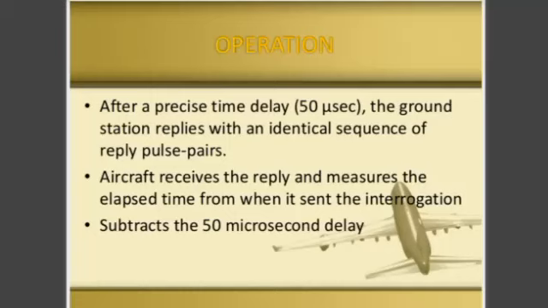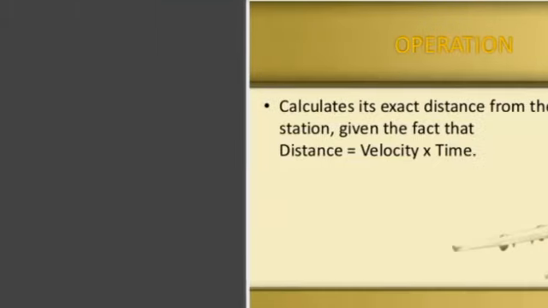So the aircraft can calculate the total time difference between the transmission of the pair of pulses and the reception of the pair of pulses from the ground station. So this total elapsed time consists of the time taken by the pair of pulses to travel from the aircraft to the ground station, plus the 50 microsecond delay in the ground station, plus the time taken by the reply to travel from the ground station to the aircraft. So the total time of travel we can get by subtracting 50 microseconds from the total time difference.